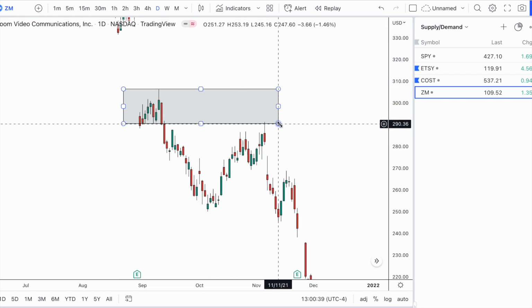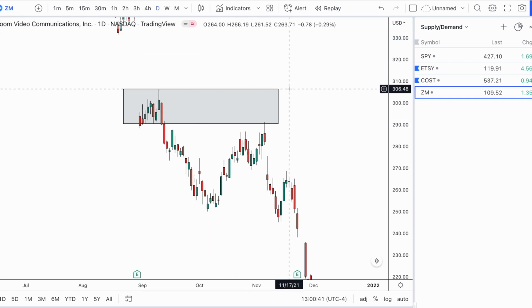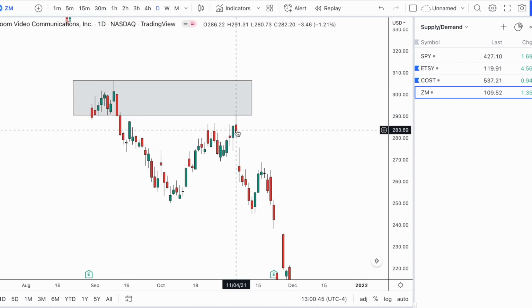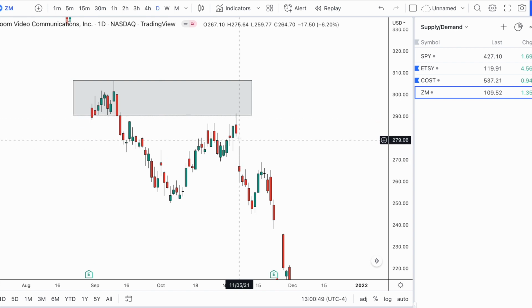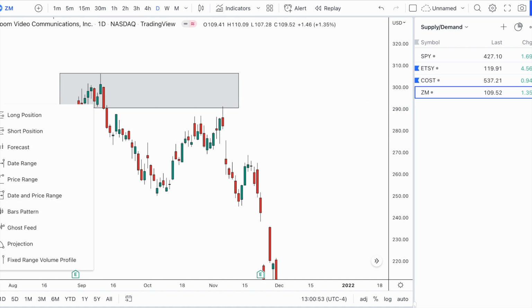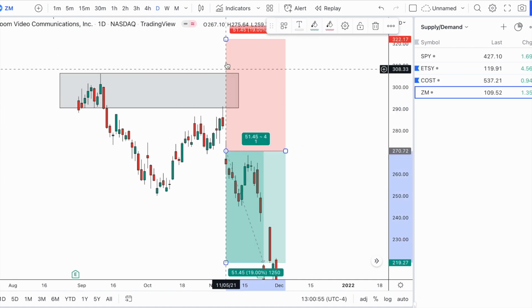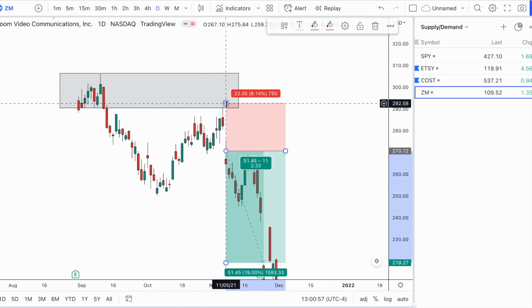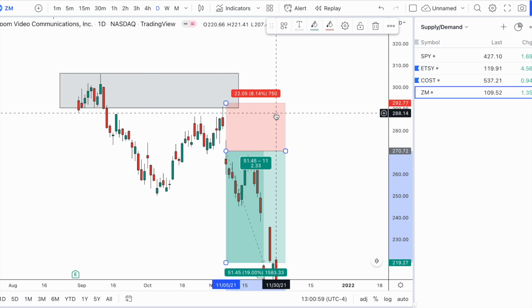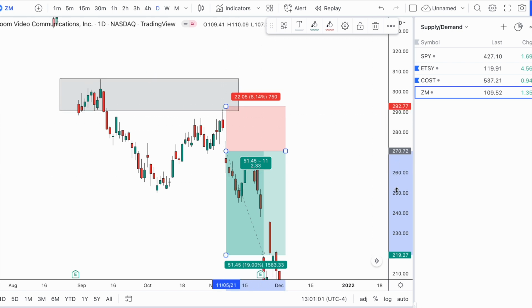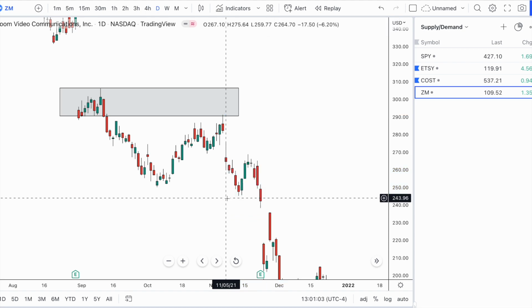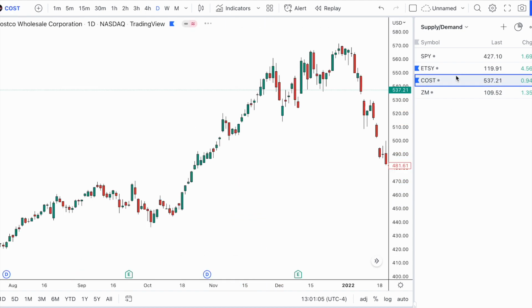Instead of getting in at 290 with a short and putting the stop above 307, what you could do is wait for the reaction. So maybe after I see that the supply rejection works and now price is down here at the 270, I could get in short at 270 and then I could just risk the top of this candle here. So you're lowering your risk a little bit if the zone is pretty big. That's something you could do as well.